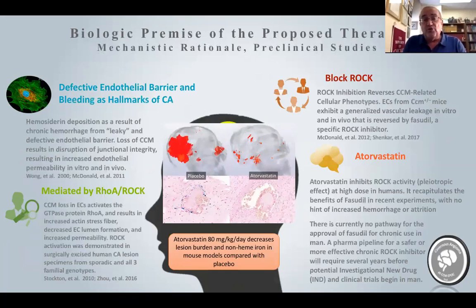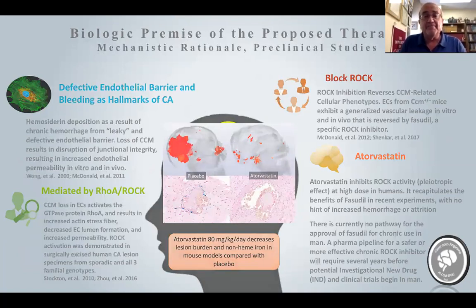That dose is already approved by the FDA. Thousands of patients around the world receive it and do well with it. We do not know if cavernous angioma patients will do well with it, and that is why the trial will need to be done.